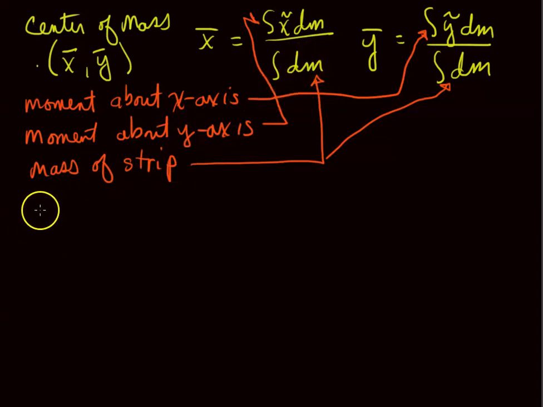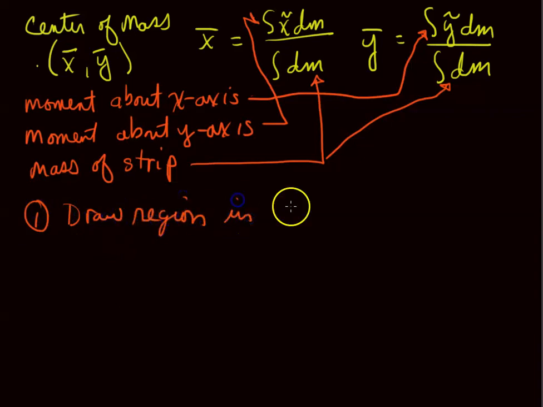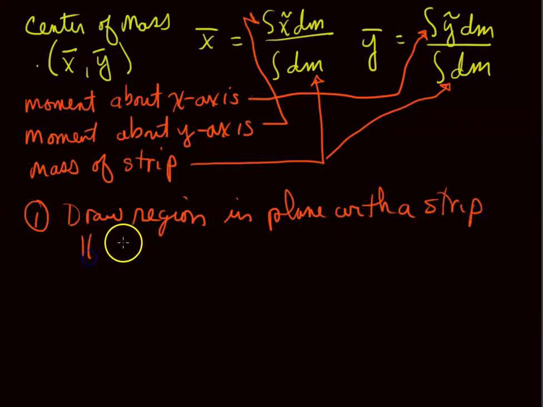And what are the steps for doing this? Well, if you can, draw a plate. Draw the region in the plane with a strip parallel to either the x or y axis.